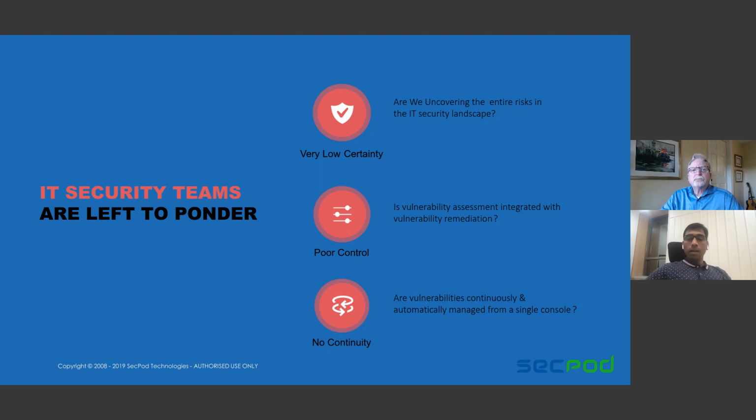And in order to act upon the problem, it is not just software patches, it's hundreds of remedial actions that you must deploy in order to eliminate those vulnerabilities. The third is, how do you make it a continuous and automated process? People just ran a vulnerability scan once a quarter, discovered the problem, and took another 6 months to mitigate those problems. That is obviously not sufficient at this point in time.